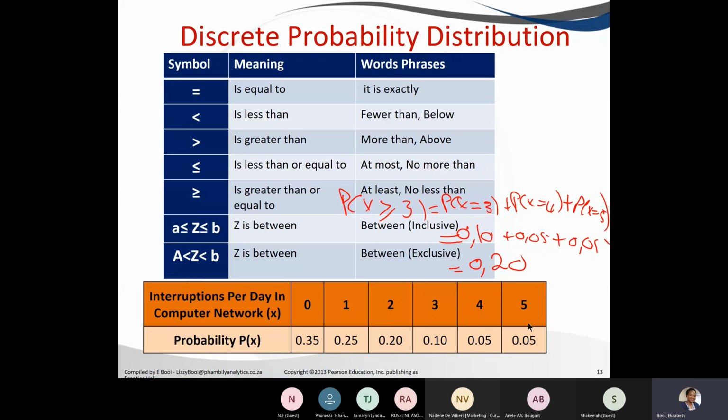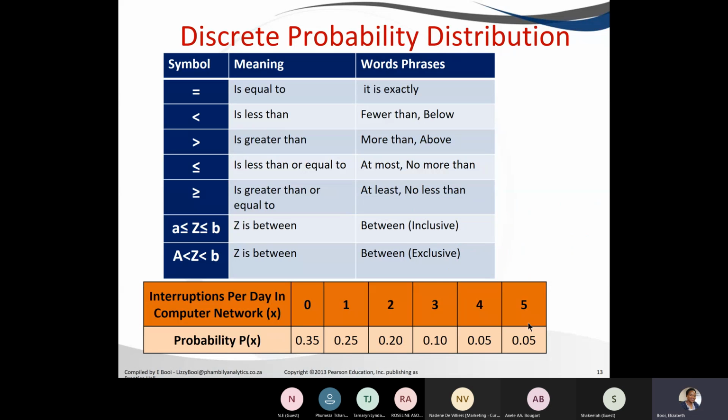Okay, so now we move on and we go into the between. What will be the probability that X will be between two values? Here the challenge is when they say between, normally we assume that it also includes those values. So we do it as inclusive.